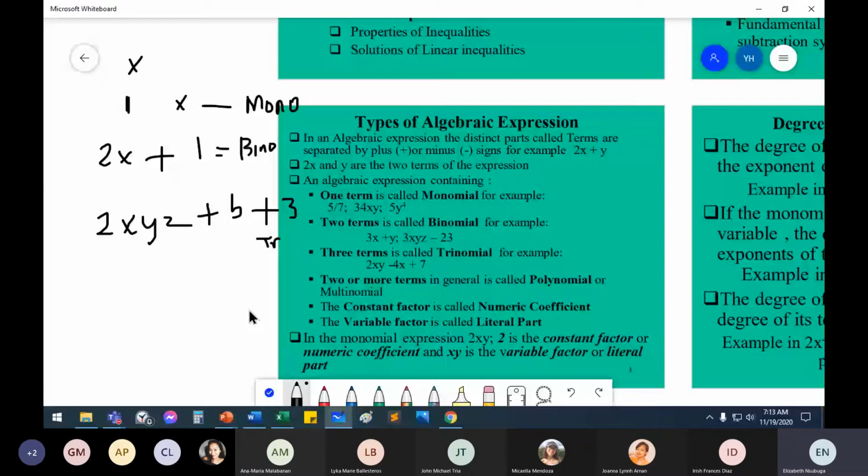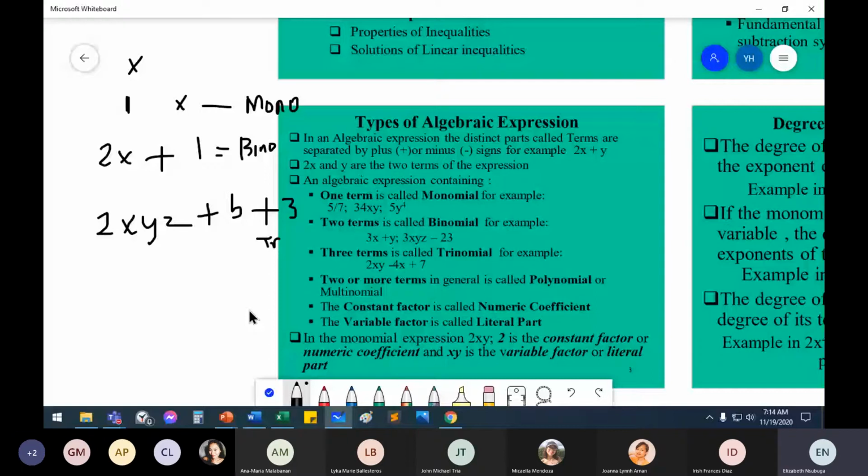So the monomial is the only expression which is not referred to as a polynomial. All the others are referred to as polynomials. So is a binomial expression a polynomial? Yes. Is a trinomial a polynomial? Yes. Anything which has more than one term is referred to as a polynomial.